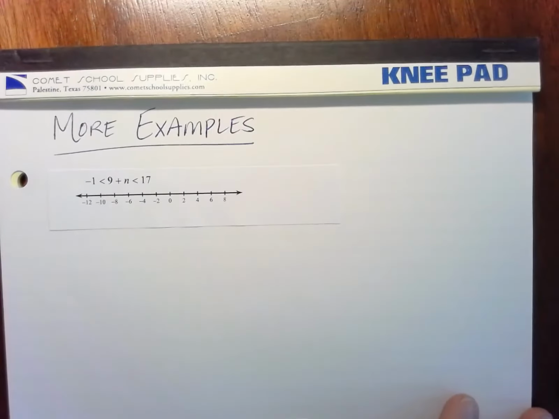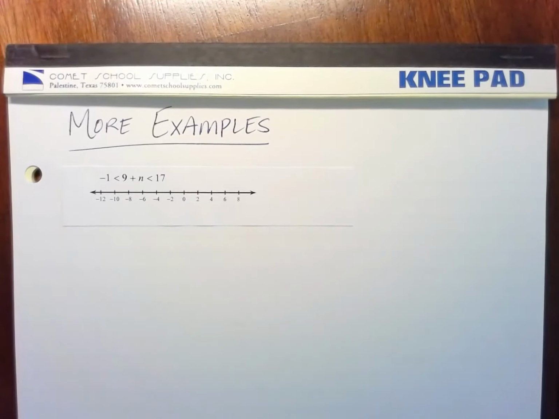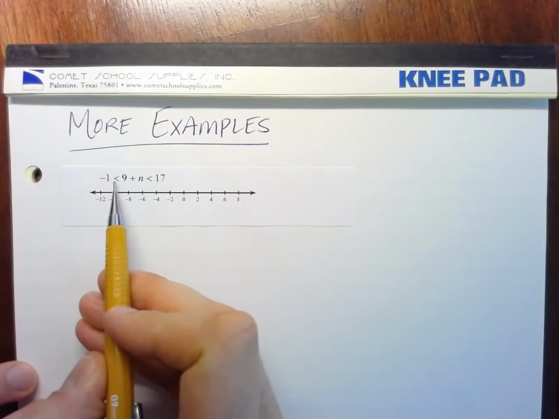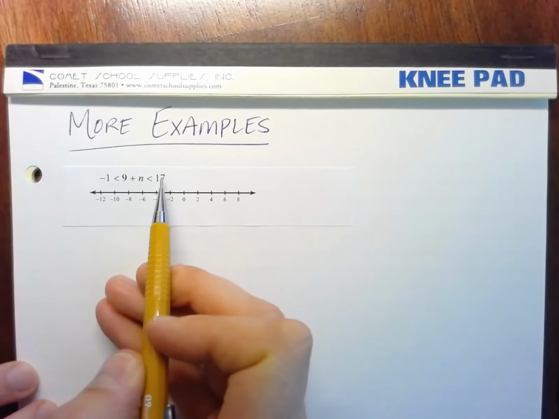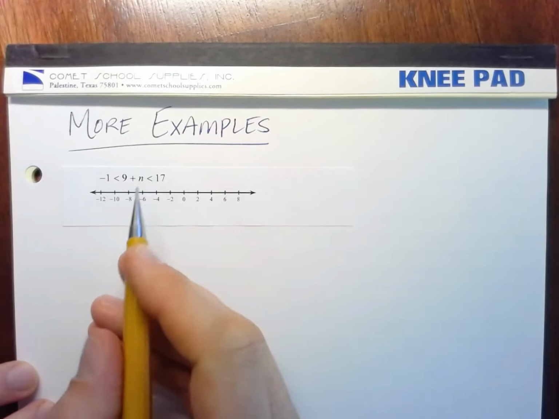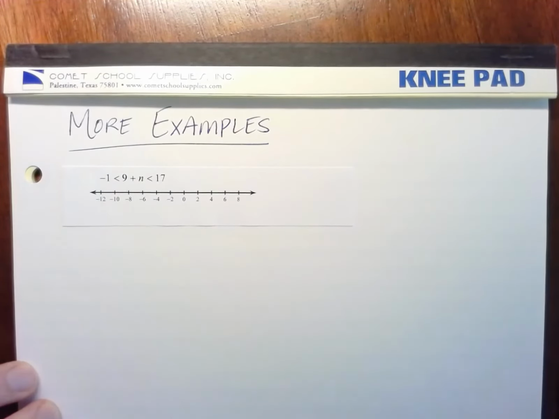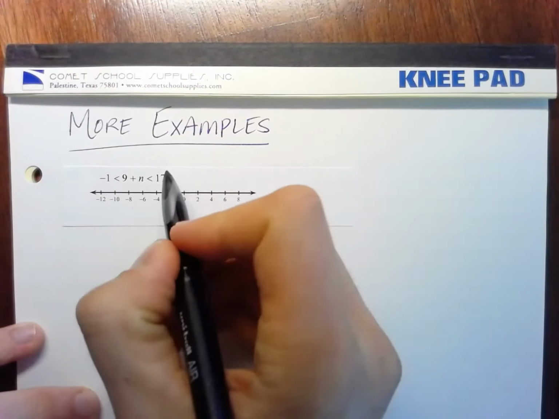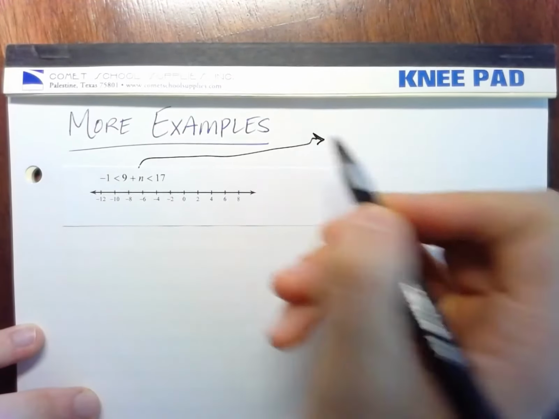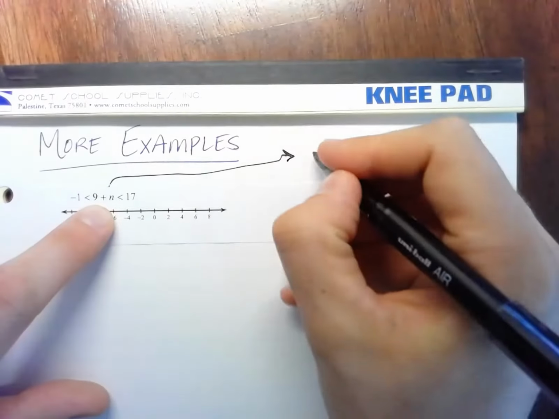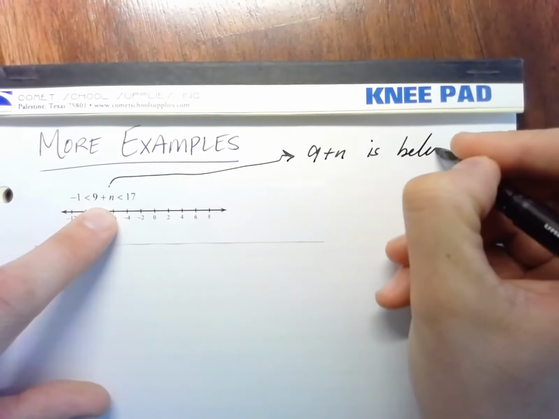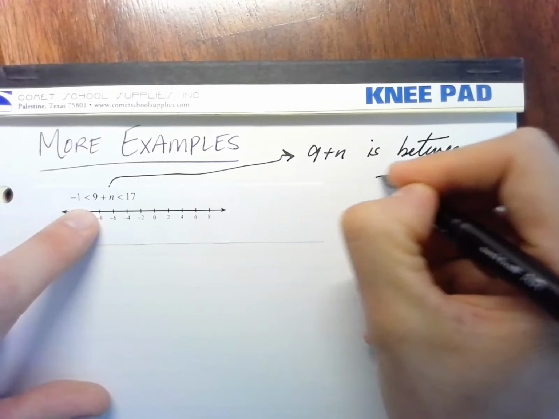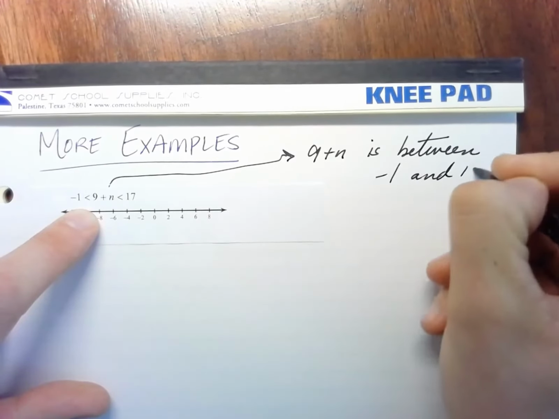Okay, so here is negative 1 is less than 9 plus n is less than 17. And the way you can also say this, and I'm going to write this down over here, but you don't necessarily need to do this. If you think about it, this is saying 9 plus n is between -1 and 17.